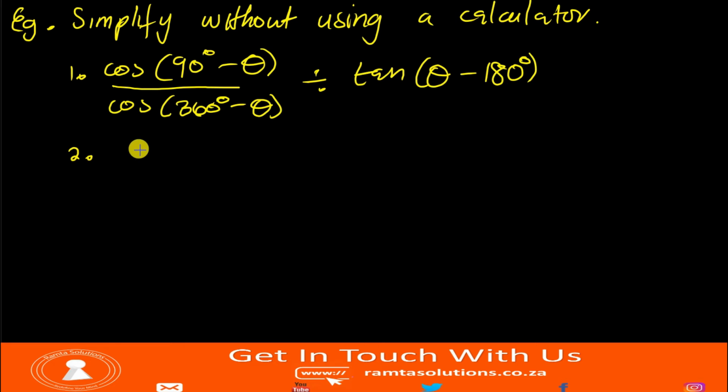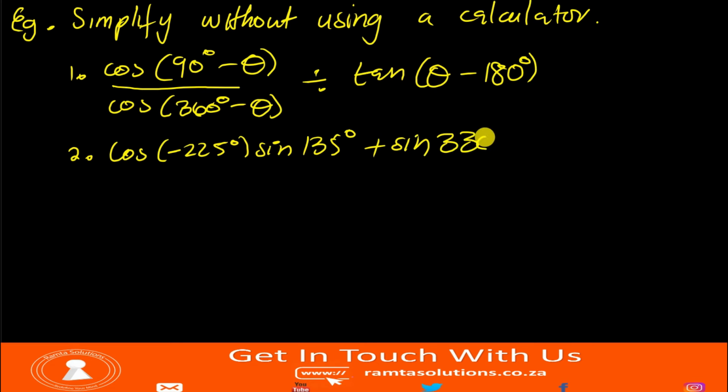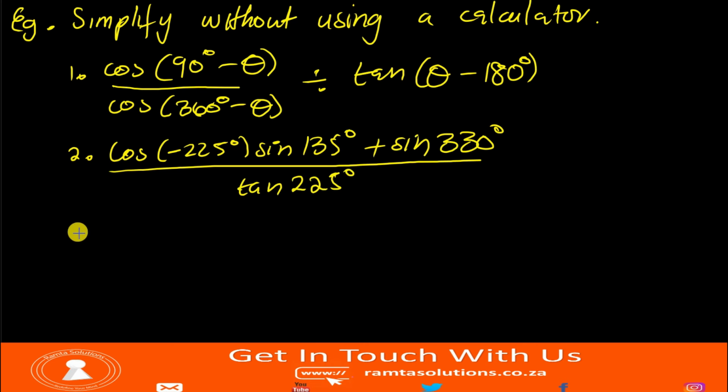Number 2, we have cos(negative 225 degrees) multiplied by sine 135 degrees plus sine 330 degrees, all over tan 225 degrees.